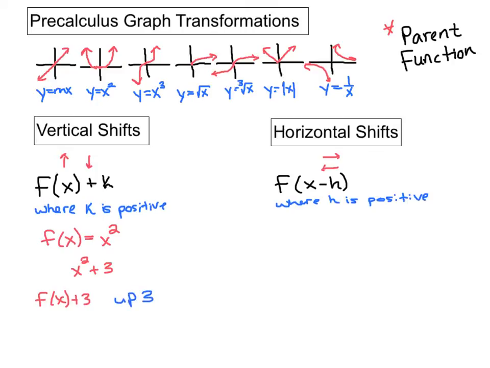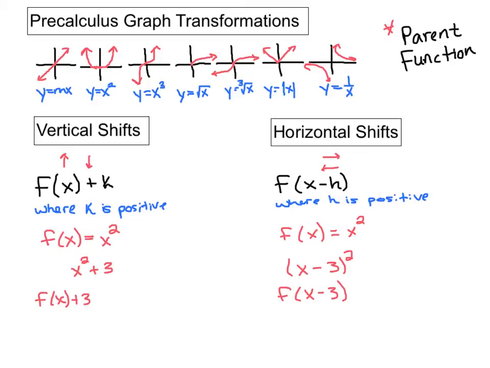Horizontal shifts is when you add or subtract a number inside the function. So let's say our parent function is x squared again. If we add or subtract a number inside the parent function, our shift is going to look like x minus the number, squared. This is f of x minus 3.